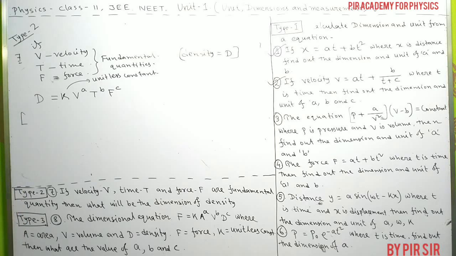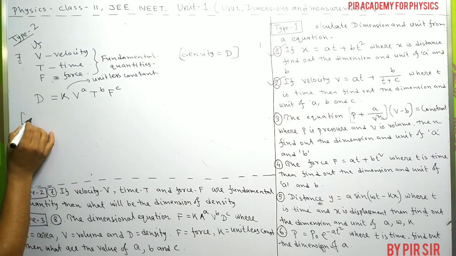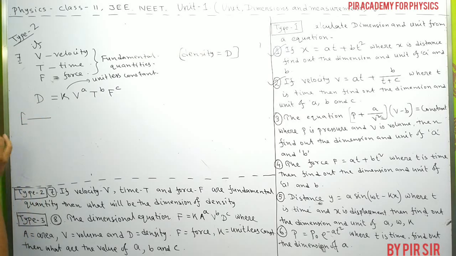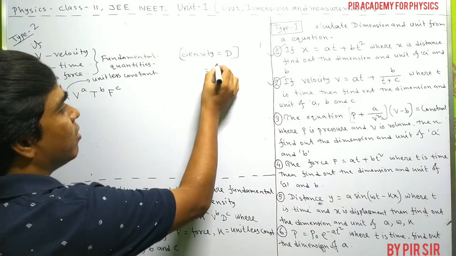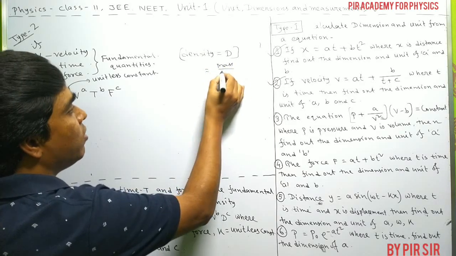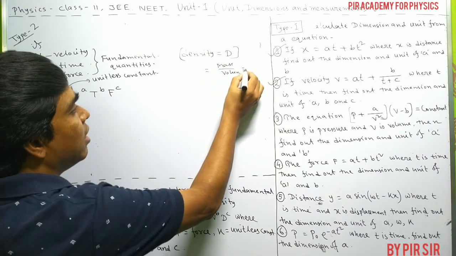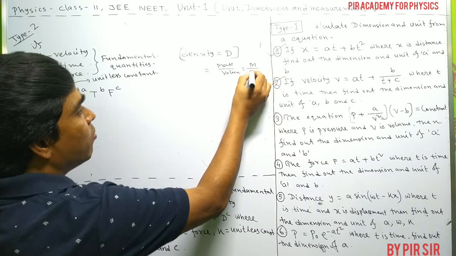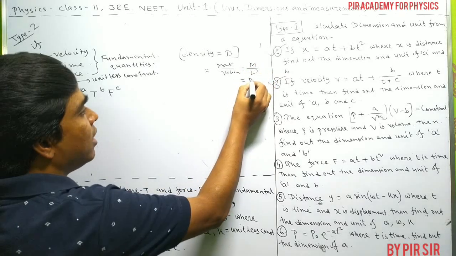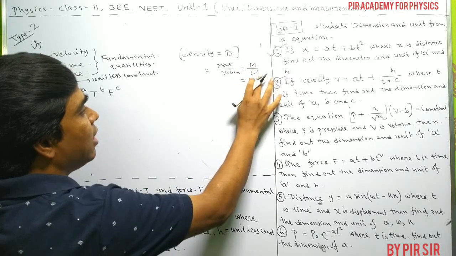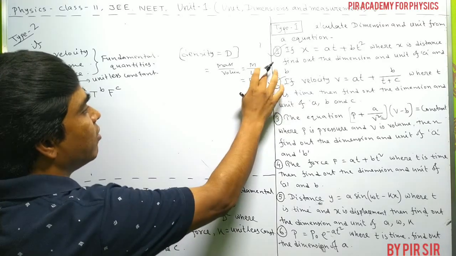Then put the dimensions of these quantities. What is the dimension of density? Density means mass by volume. Mass is M, volume means L cubed, that means M L to the power minus 3.